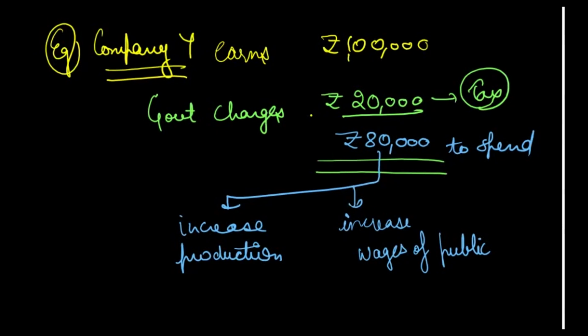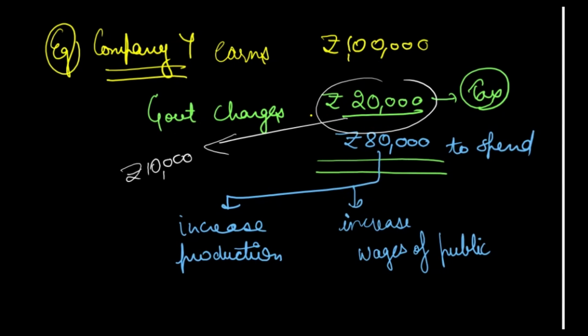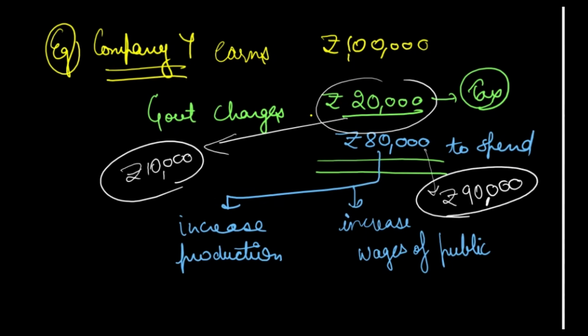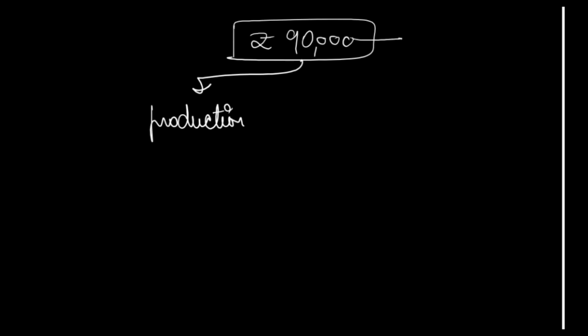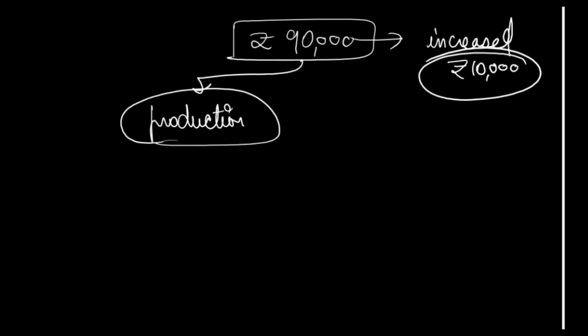So if government reduces this tax revenue to suppose rupees 10,000, then company will have 90,000 to spend on increased production and to increase the wages of the public. So if company will have 90,000 to increase production, increased 10,000 with reduced tax revenue will increase the GDP.